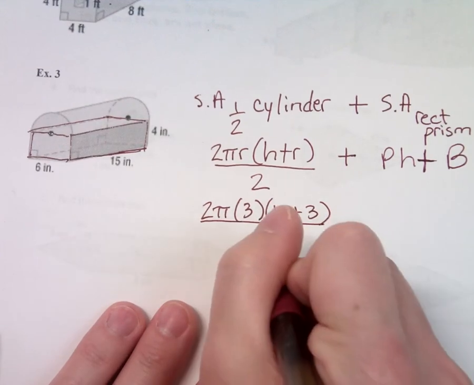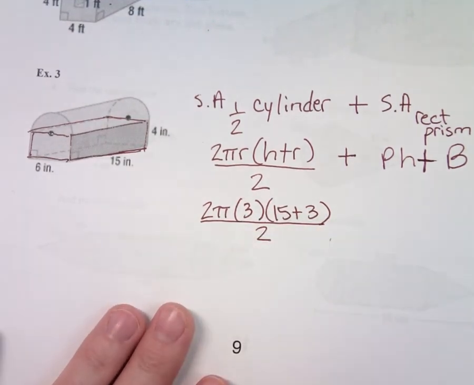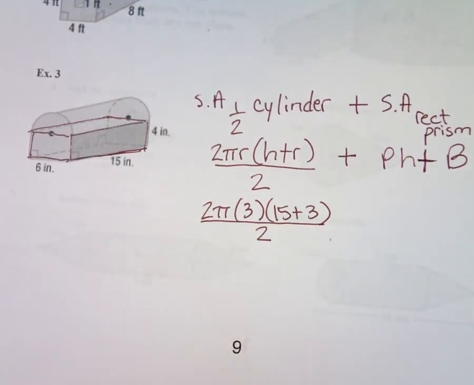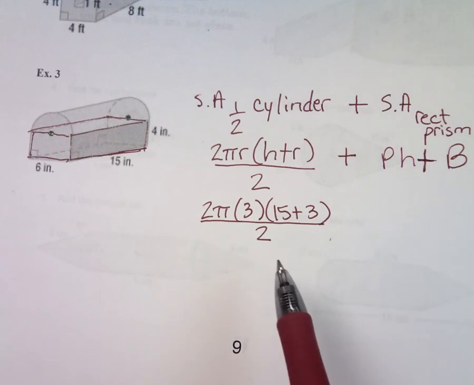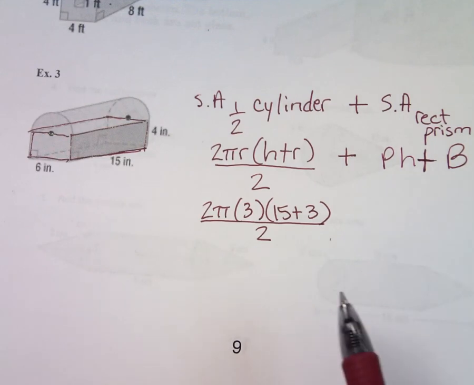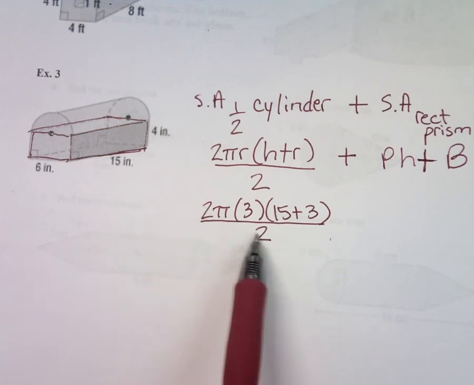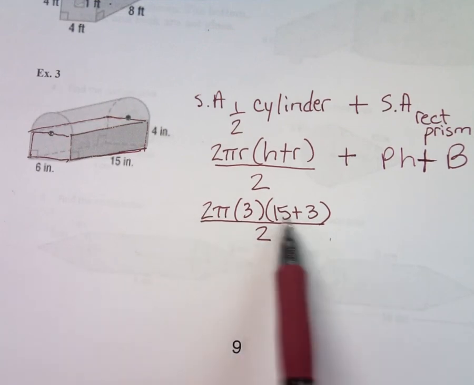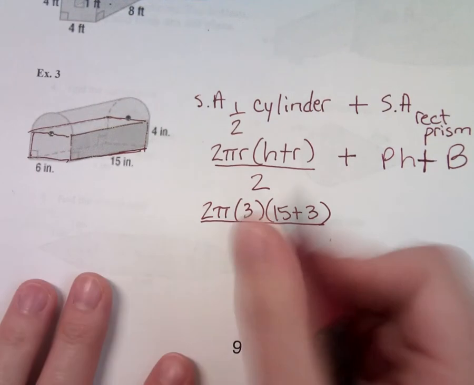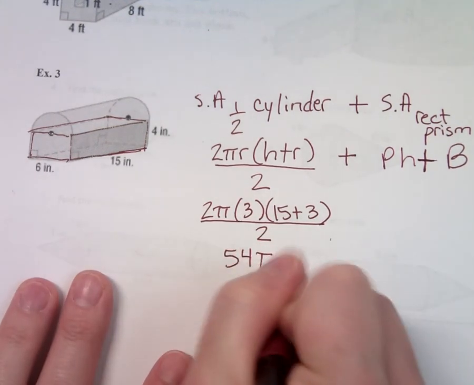And then I'm going to divide by 2. Go ahead and give me an answer for that. Keep it in terms of pi. 54 pi? Then divided by 2, 27? Are you sure? Because these 2's will go away, since 2 divided by 2 is 1. So that's 18 times 3. So it should be 54 pi.